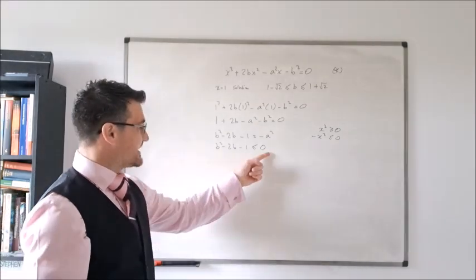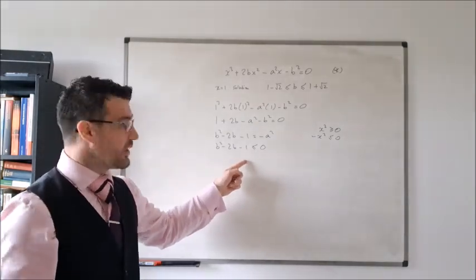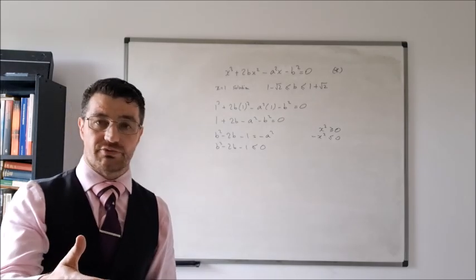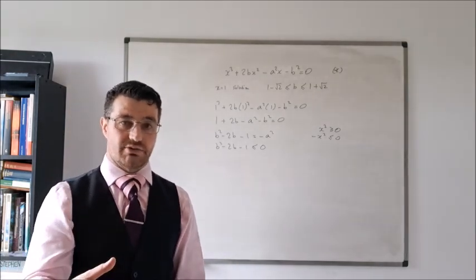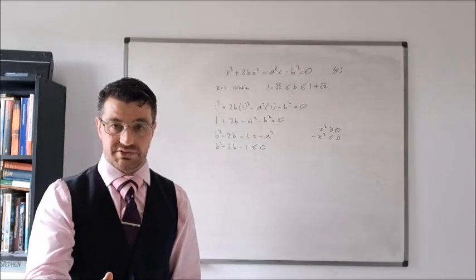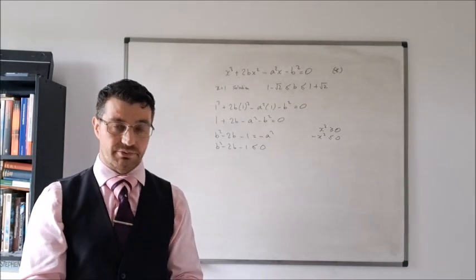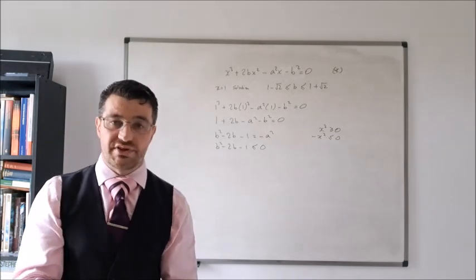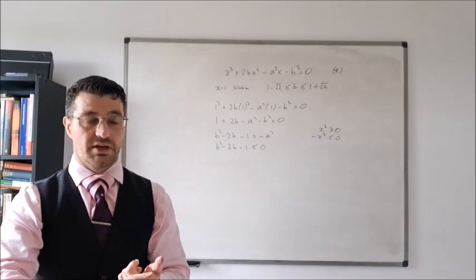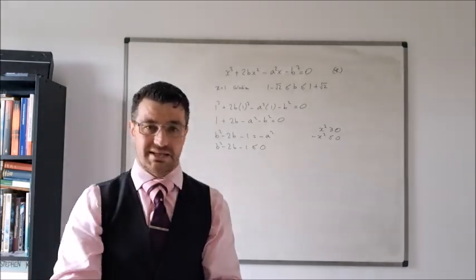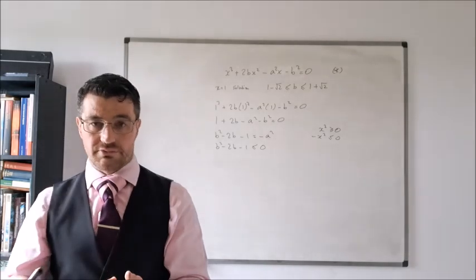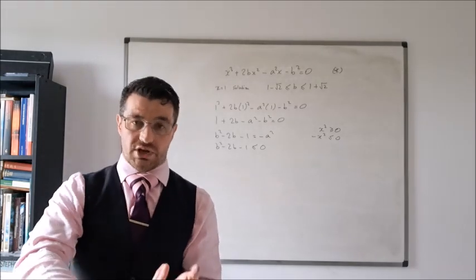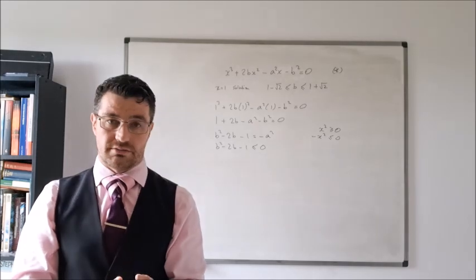It's almost like it doesn't register with them what they have here. They've been shown how to solve quadratic inequalities, but it's almost like they can only solve them when they've been primed to. In other words, they're expecting a quadratic inequality to come up, or they've been specifically told, solve this quadratic inequality.